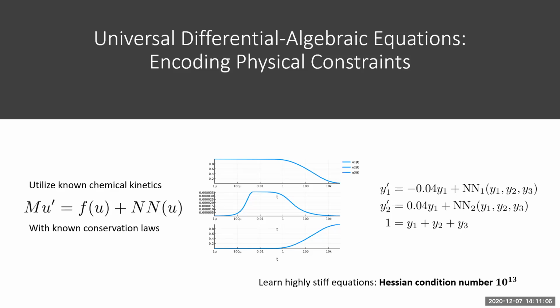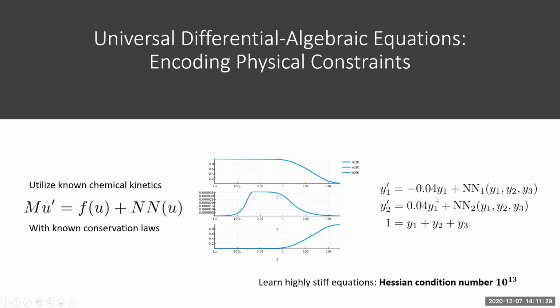So you can say, I have three species of a chemical reaction network, Y1, Y2, Y3. There's one molecule which is conserved between all of them, so 100% of that molecule must always exist. And so over time, I have a dynamical constraint that Y1 plus Y2 plus Y3 is always equal to 1.